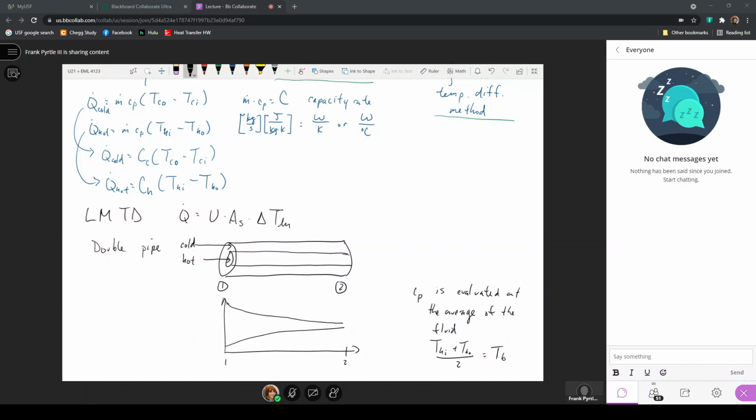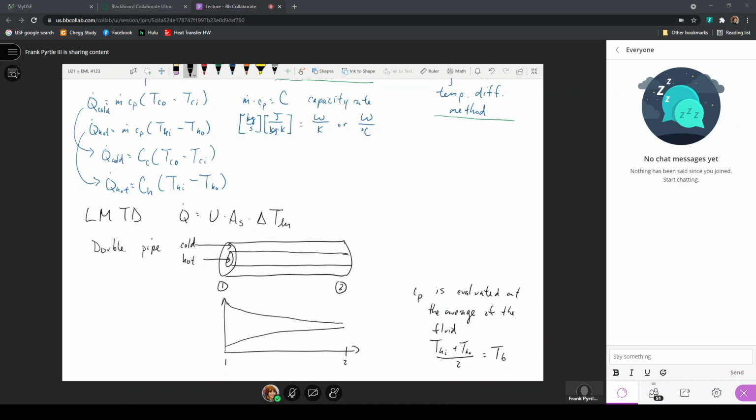And an overall heat transfer coefficient, if it's specified in a problem, can be used to calculate the heat transfer rate. Or if we've taken the heat transfer rate from the hot or the cold fluid, we can solve for the overall heat transfer coefficient.